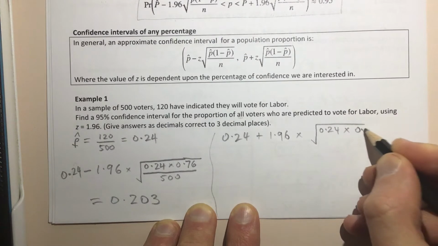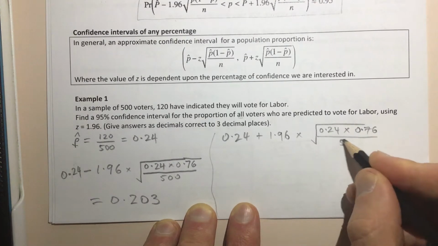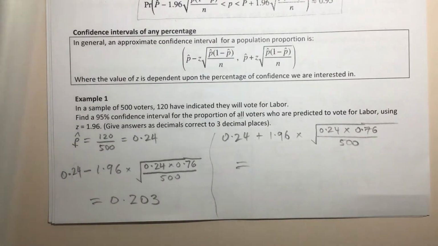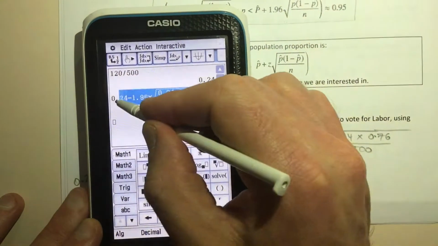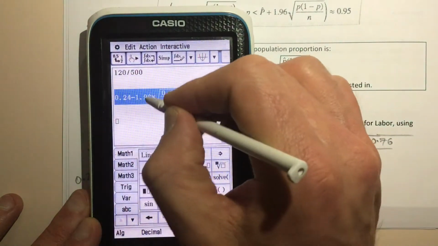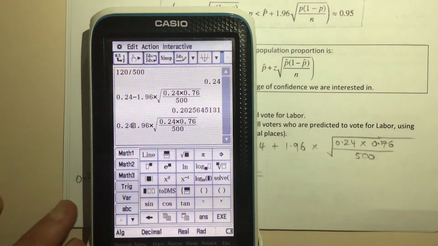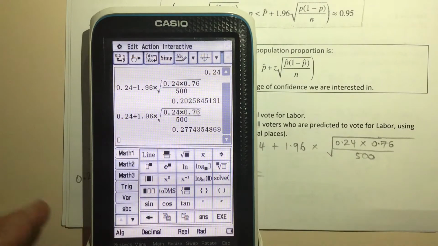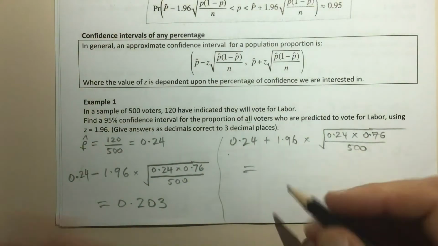Exact same calculation, but with a plus. And again, you can save a bit of time on the CAS. If you want both numbers to still be there, I'm just going to drag that down, but change that minus to a plus, and get 0.2774, so to 3 decimal places, that's 0.277.